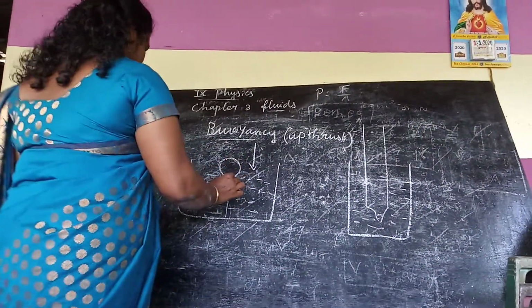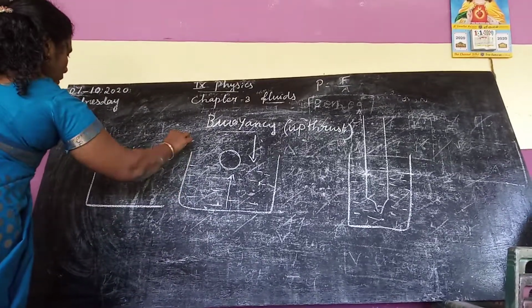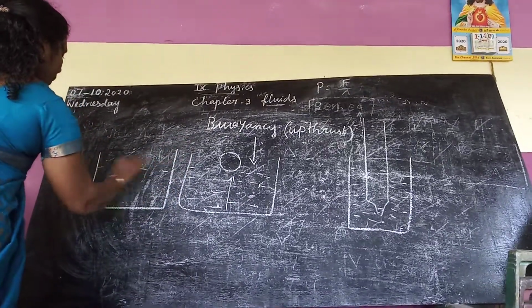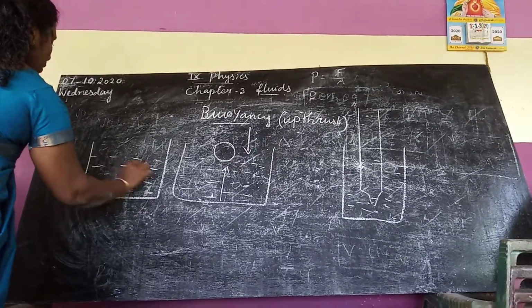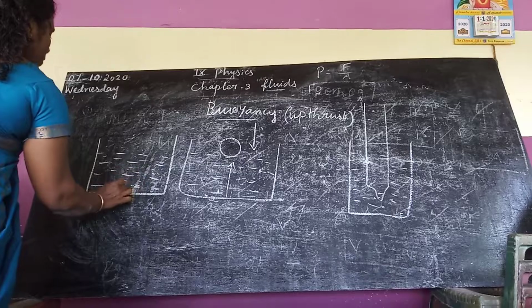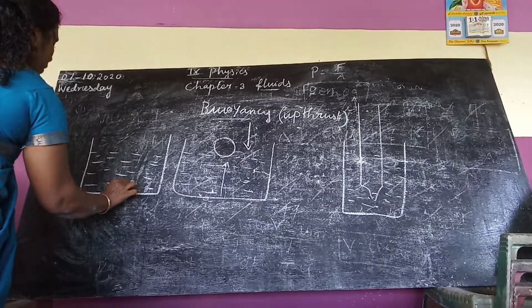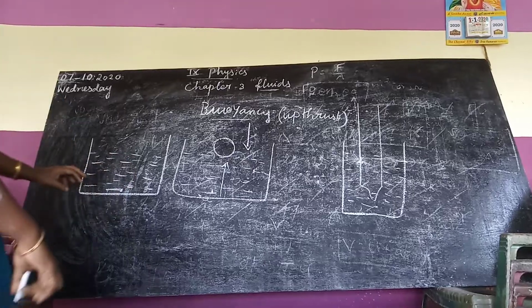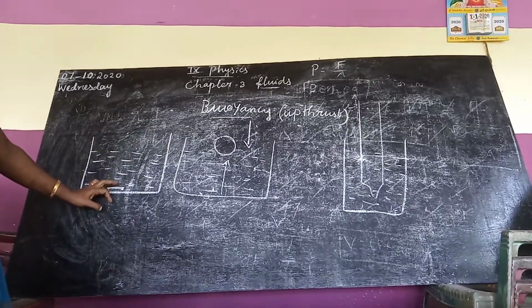So, next diagram. A beaker of water. Suppose we are using an iron nail. What happened? The nail sinks in the water. So why is it sinking?